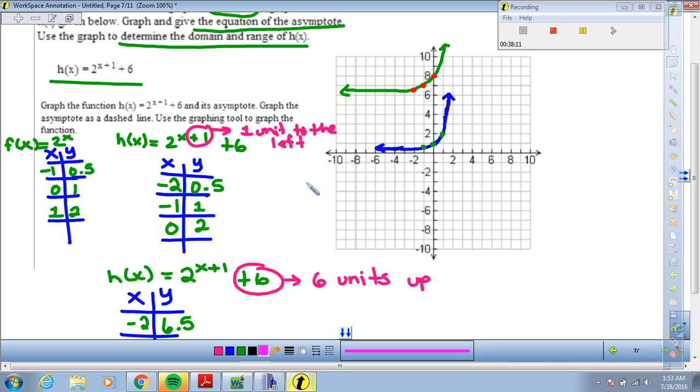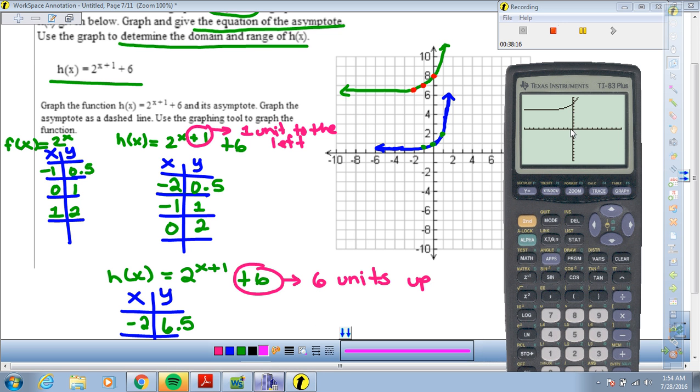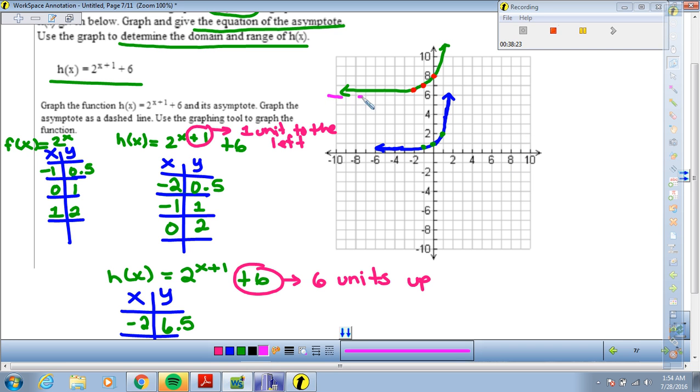Well, if you would count the units, it looks like it's approaching 6, but it's never going to touch the 6. So that would be your horizontal asymptote right here for this one, for the transformation, right? I'm just talking about the transformation. So the horizontal asymptote here would be y equals positive 6.